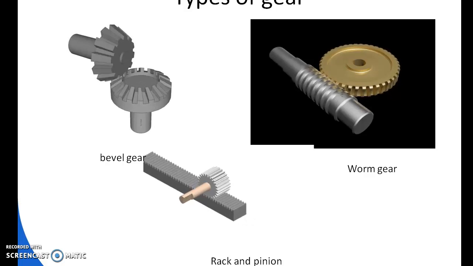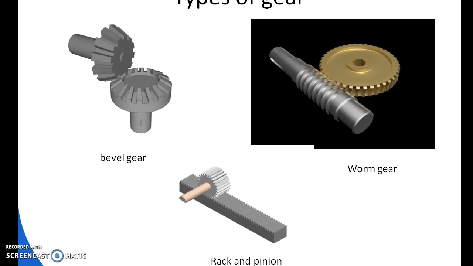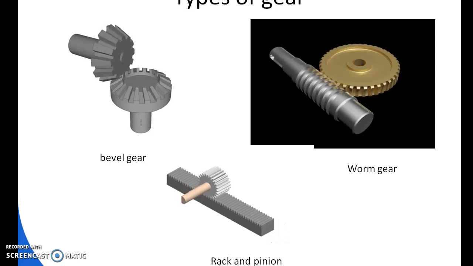In the third diagram we can see rack and pinion. Here a rack is a spur gear of infinite diameter, and the rack will not rotate about its axis, but it will only translate or reciprocate.